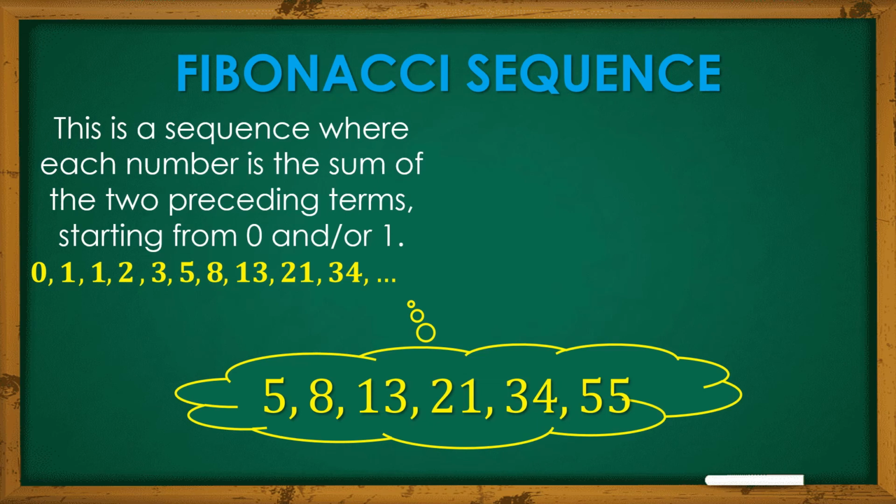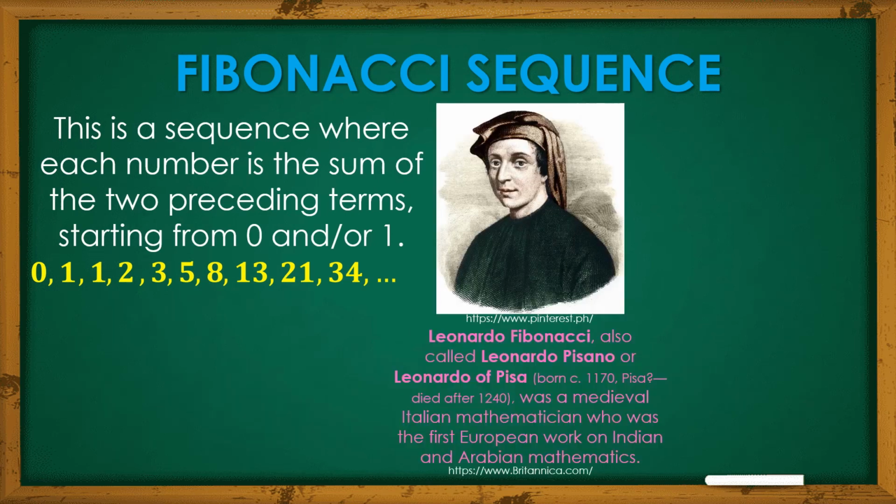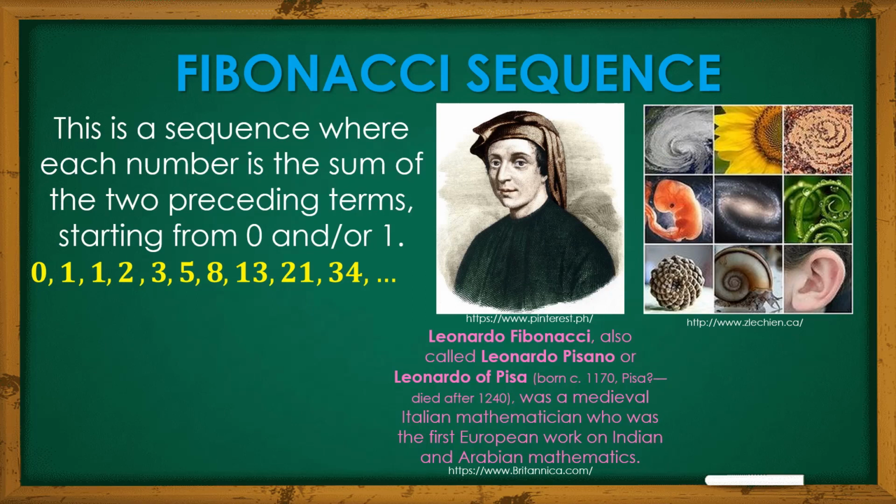Ano ba ang Fibonacci? Or sino ba si Fibonacci? This is Leonardo Fibonacci, also called Leonardo Pisano or Leonardo of Pisa. He was a medieval Italian mathematician who was the first European work on Indian and Arabian mathematics. Ito yung mga application ng Fibonacci sequence.